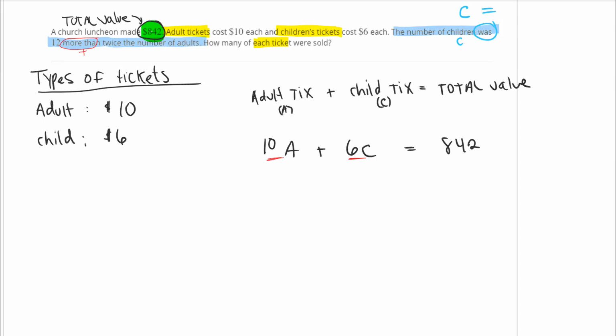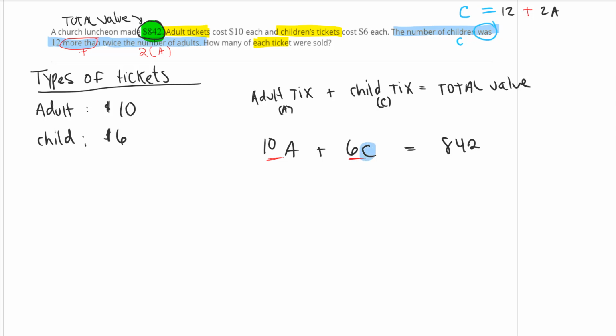So we had 12 plus, because we have that more than, twice the number of adults. Well, twice something is 2 times something. And here the adults we are calling A. So we have C is equal to 12 plus 2A.